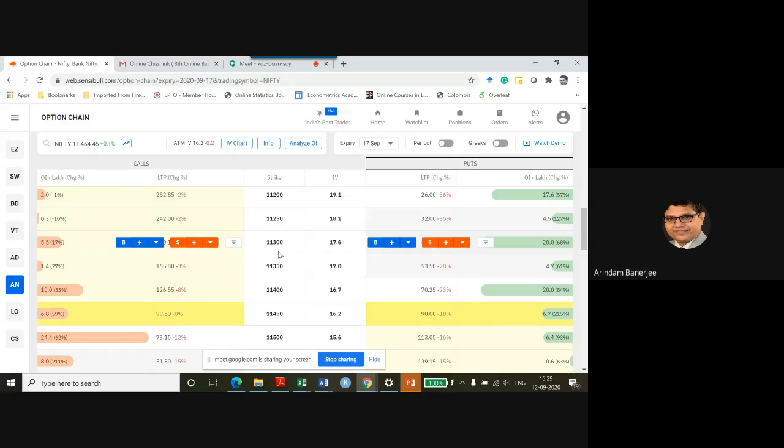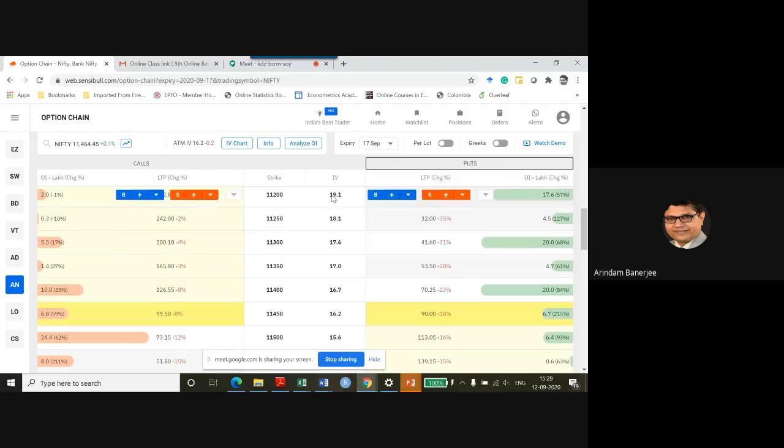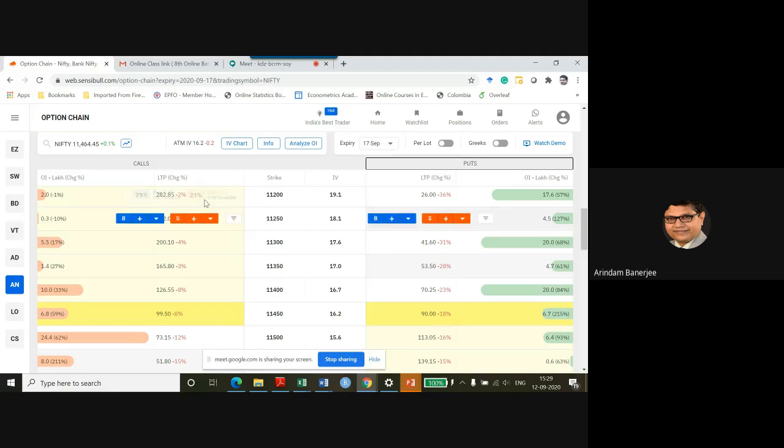I am going to buy Nifty at the rate of 11,300 by the expiry date of 17 September 2020. This is the contract. And the seller is saying, I am going to sell Nifty at the rate of 11,300, and the expiry date is 17 September. Now the spot is 11,464.